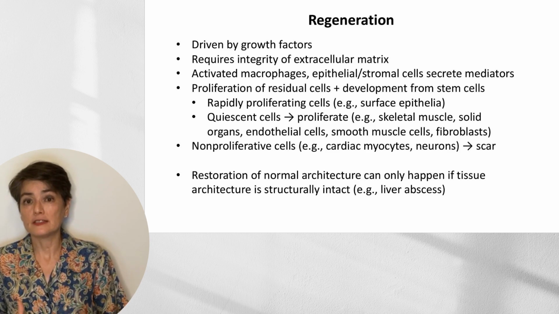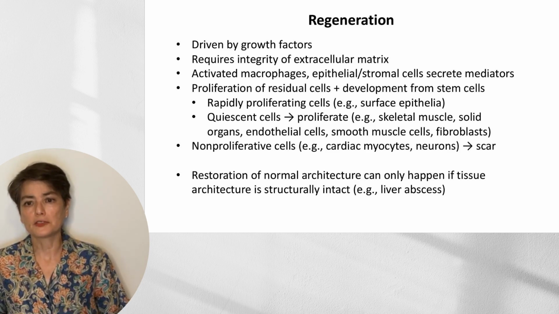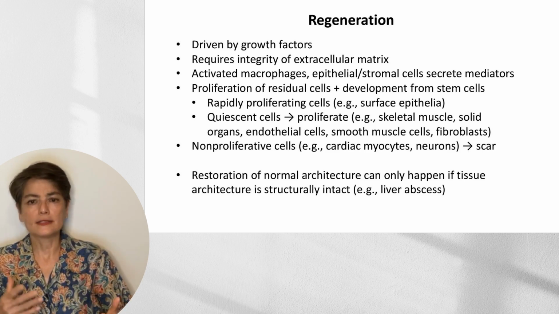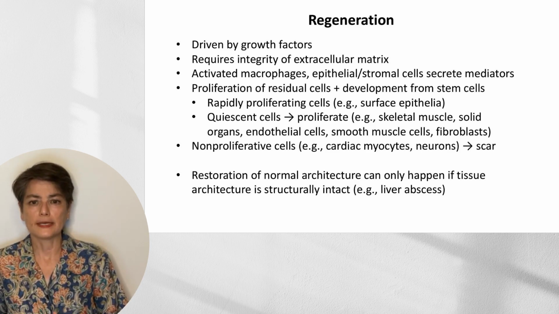They're in the G0 phase of the cell cycle, but they can be driven to proliferate by these mediators. And examples of these quiescent tissues and cells are smooth muscle cells, fibroblasts, and solid organs, endothelial cells, etc. And endothelial cells, smooth muscle cells, and fibroblasts are critical for wound healing.